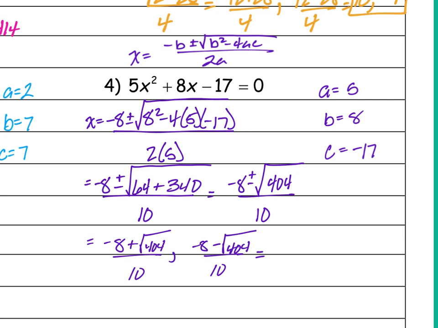And so how I'm going to put that problem in here is I'm going to say negative 8. Oh, I should probably put parentheses around it since I'm going to divide. So negative 8 plus the square root of 404, parenthesis, arrow out, parenthesis, divided by 10.